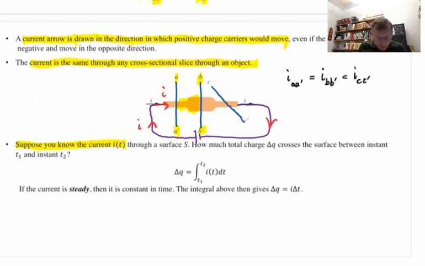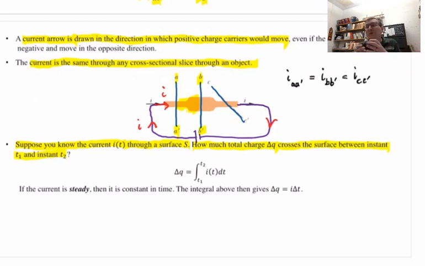And it's quite possible that the current is a function of time. We'll be studying circuits eventually where the current depends on time. So suppose we know the current I as a function of time passing through some surface S that's slicing through a conductor. We could ask this question. How much total charge delta Q crosses the surface S between an instant t1 and an instant t2? Some finite amount of time, in other words. So you already know the current.